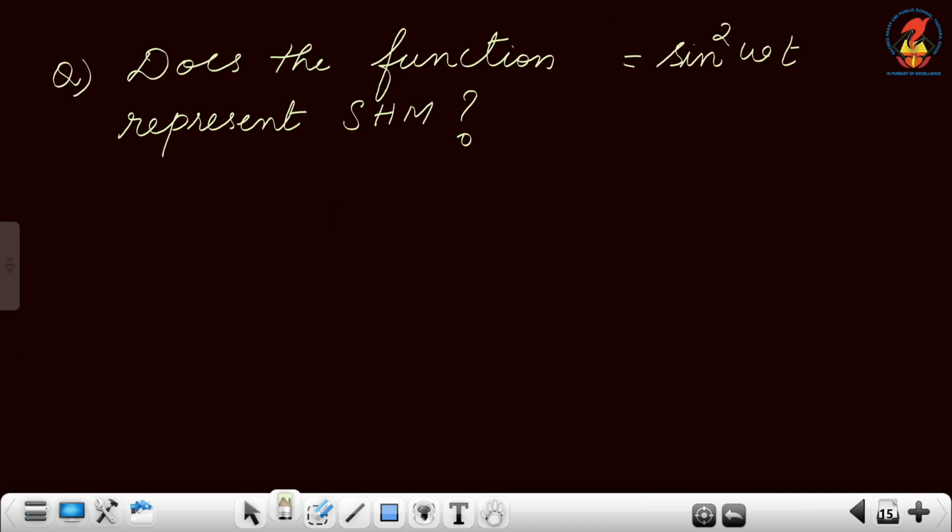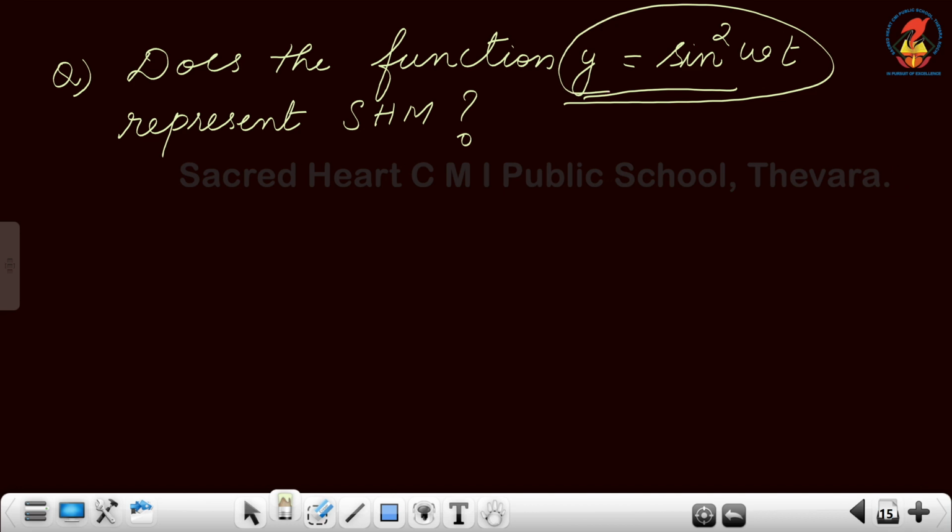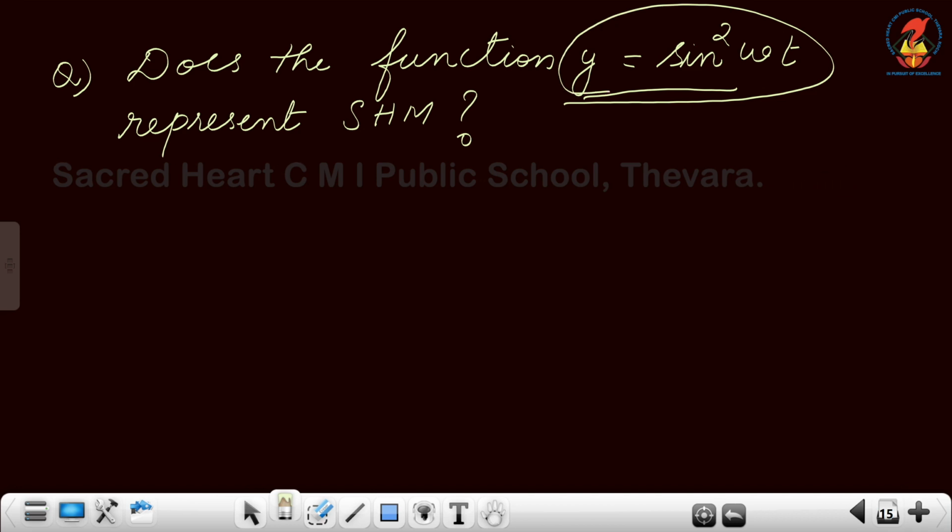Next, let us do a problem related to simple harmonic motion. The question is, does the function y is equal to sine square omega t represent simple harmonic motion? Here, y is the displacement of the particle along the y direction. The question is whether this equation represents a simple harmonic motion.